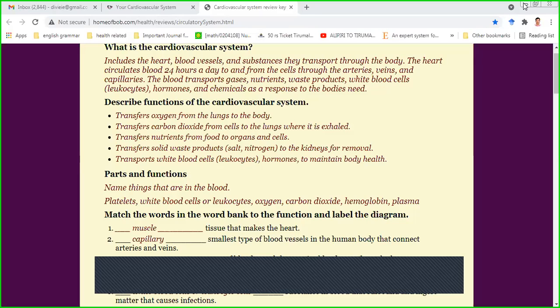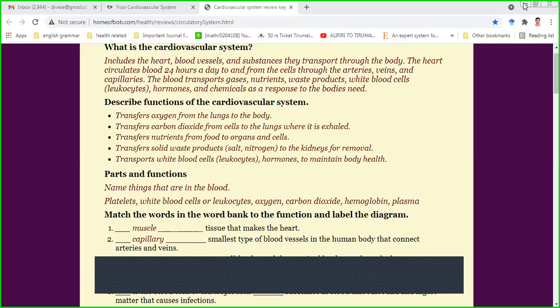Coming here, the heart has 4 chambers, this is 1, 2, 3, 4, with the right side and the left side of the heart, each divided into 2 chambers.